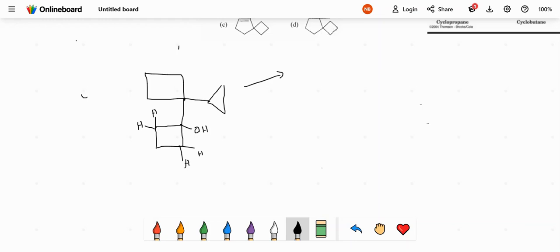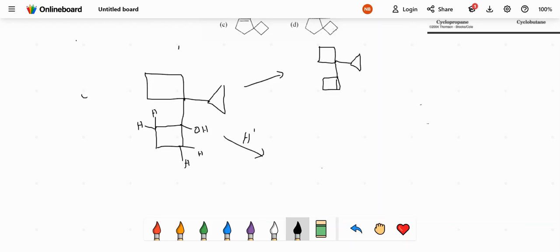Because both beta carbons have the same number of hydrogens, it is not necessary to apply that rule. So we would give the product directly without the carbocation mechanism. This will be the possible product we are expecting, but we will see what will actually happen.